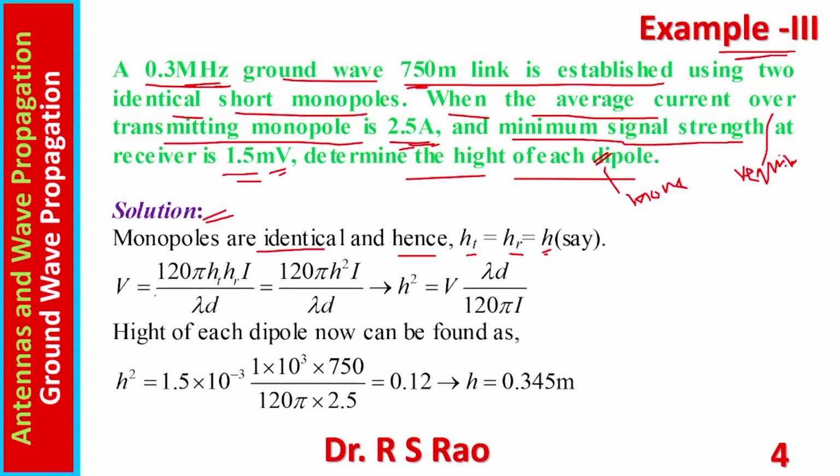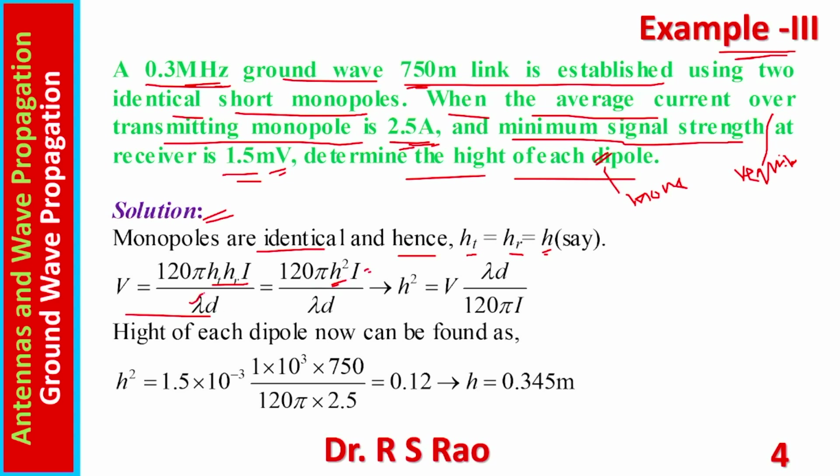V, voltage induced over the receiving antenna when it is ground wave, is given by this formula V equal to 120 pi HT HR I by lambda D. We assumed HT is H, HR is also H. Therefore, this product HT HR becomes H square. I remains as I, current over the transmitting antenna.